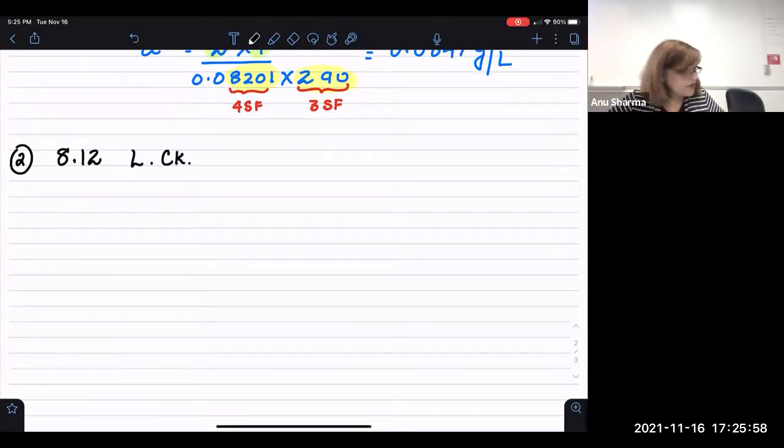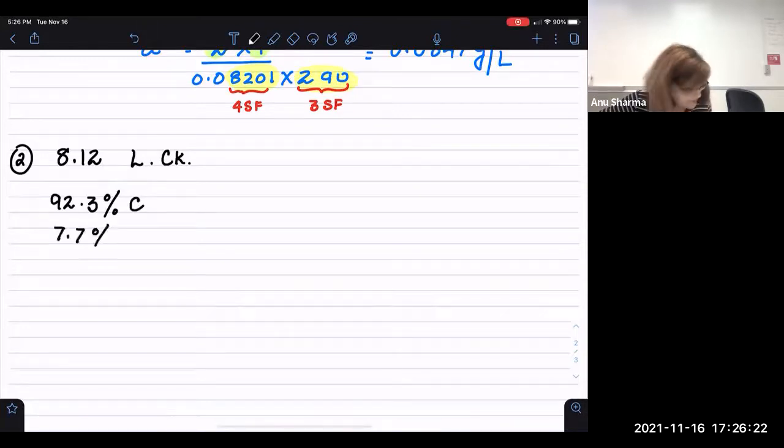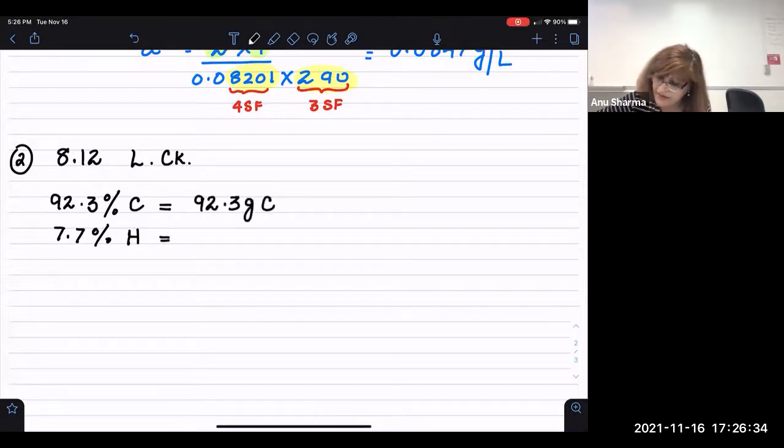Here we are given acetylene, a fuel used in welding torches, is composed of 92.3% carbon and 7.7% hydrogen by mass. So when they say this by mass, that means this is equal to 92.3 grams of carbon and 7.7 grams of hydrogen.